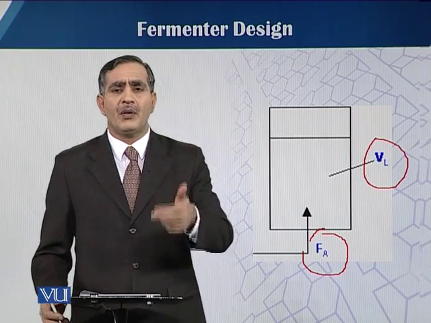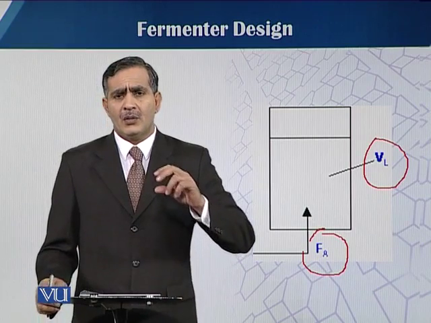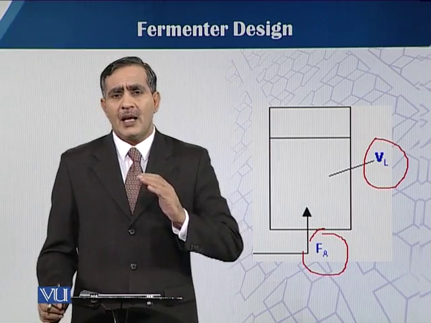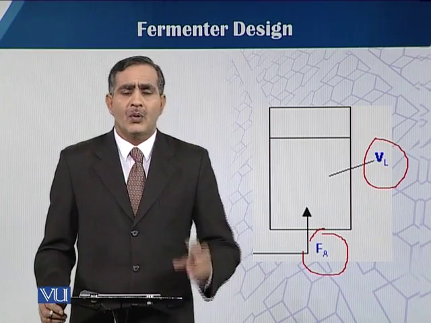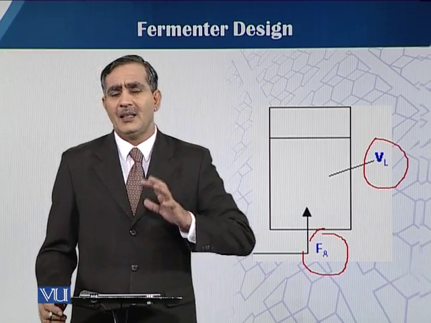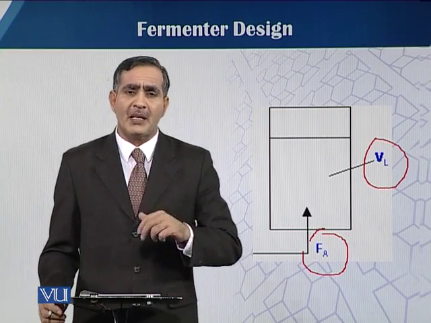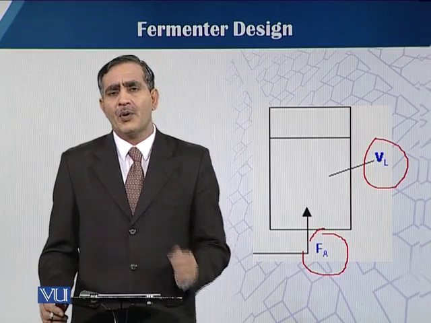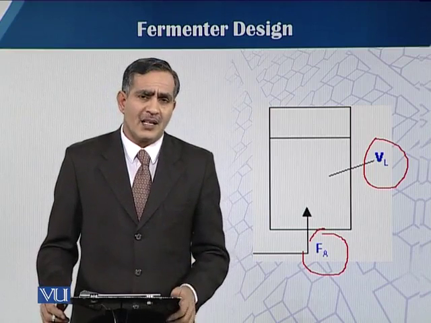If we know the flow rate and the composition of the air, then, the oxygen delivery system is also coupled with an oxygen probe. The oxygen probe senses the amount of oxygen in the form of dissolved oxygen, meaning it senses the presence of oxygen inside the medium.